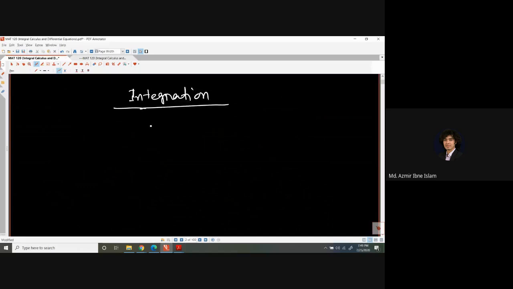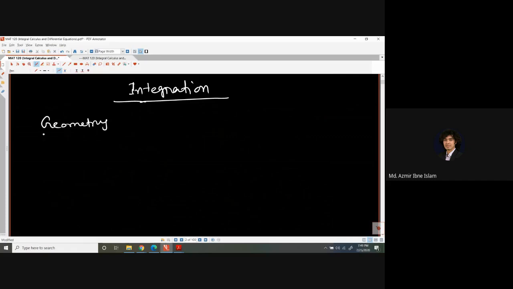So from the concept of geometry, we have learned how to find the area of a rectangle, how to find the area of a square shape.